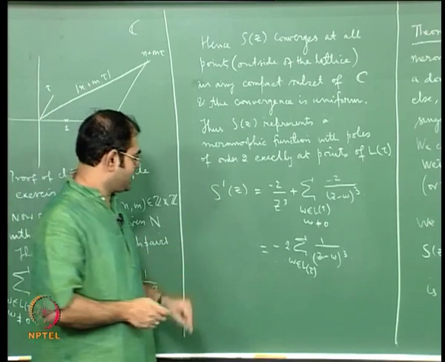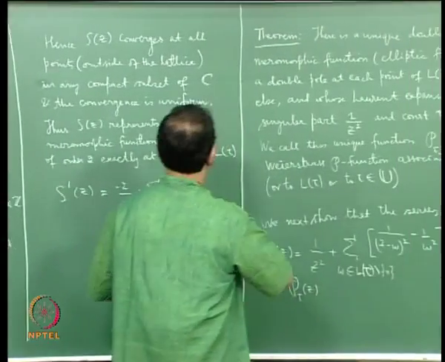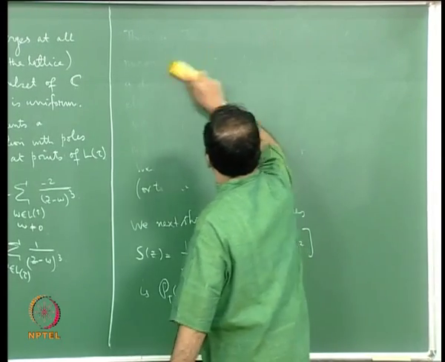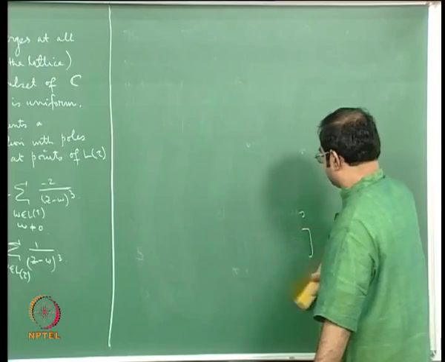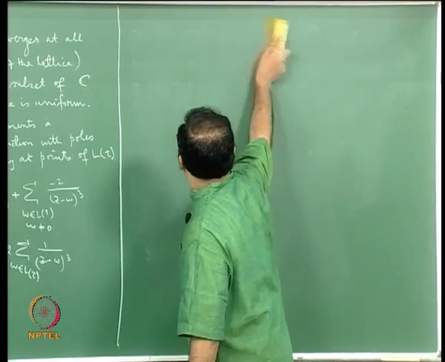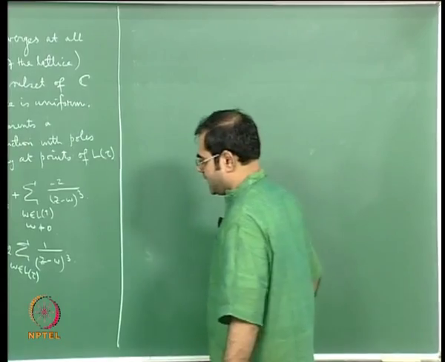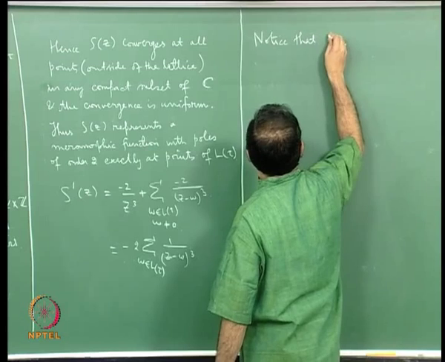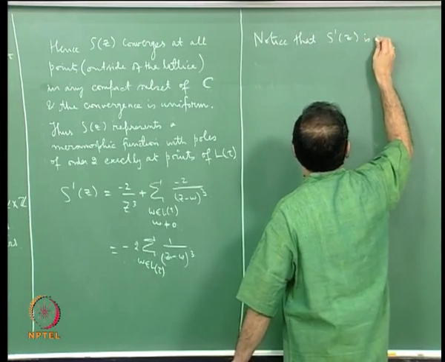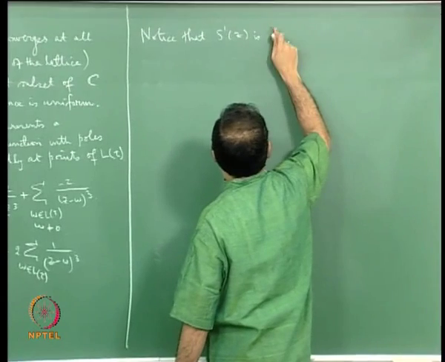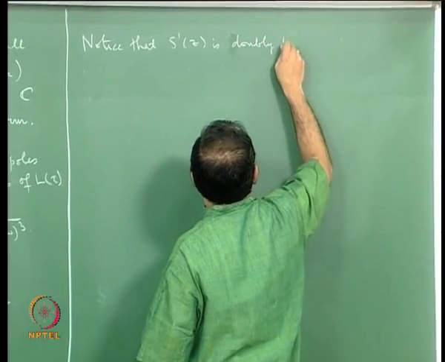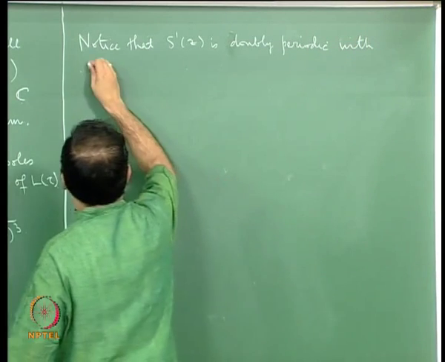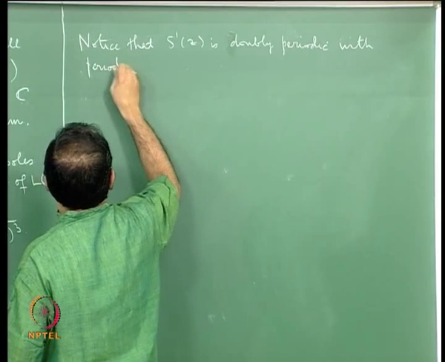Let me notice that S prime of z is doubly periodic with periods 1 and tau.